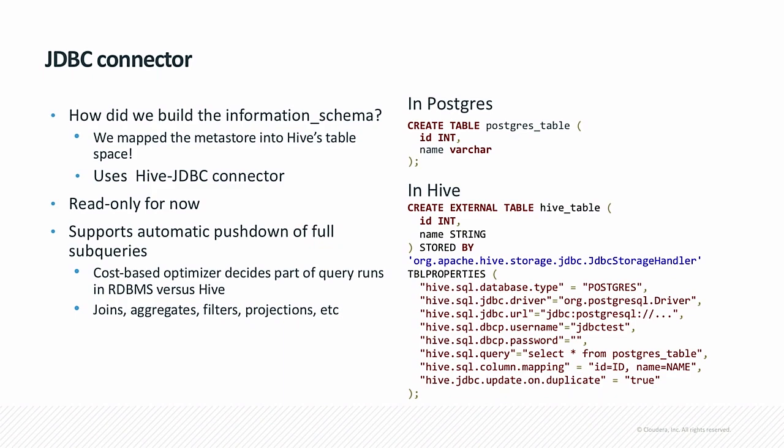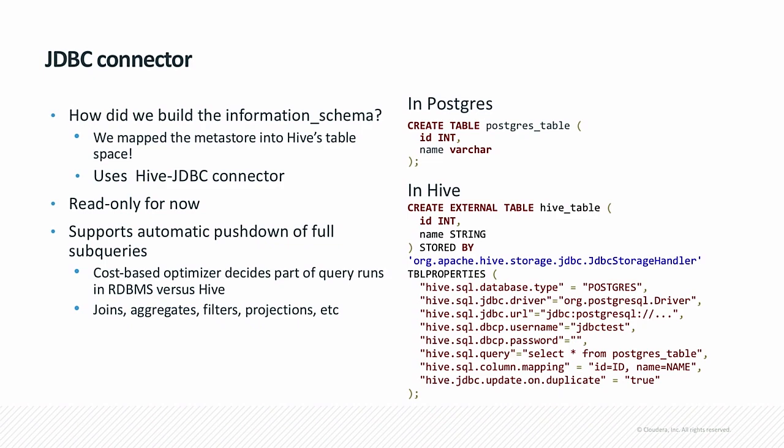For right now, it supports read-only queries. Here's an example where we've defined a particular table based off of a Postgres query. And the optimizer is smart enough to do automatic push down of certain expressions, like joins, aggregates, filters.